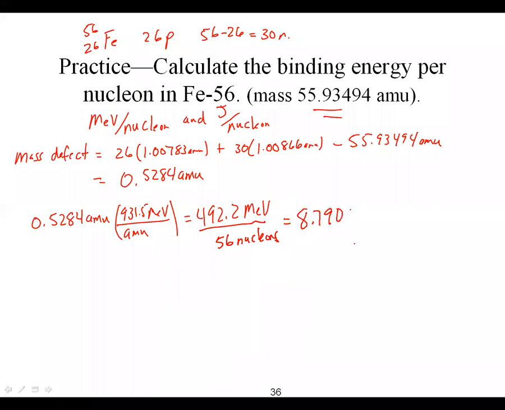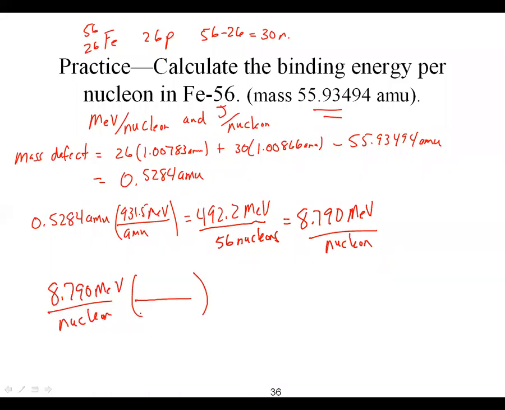And if we wanted joules, we could use our conversion factor as well that we saw there. And again, a mega electron volt is 1.602 times 10 to the minus 13 joules.